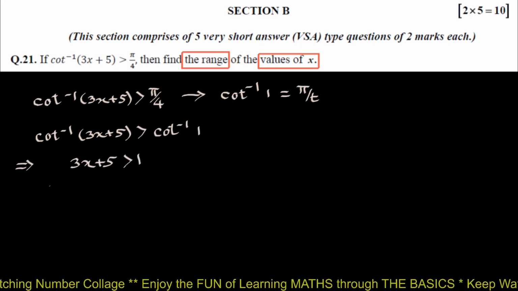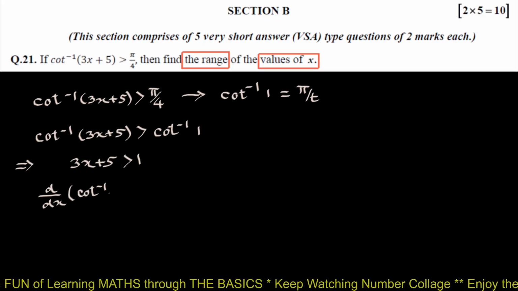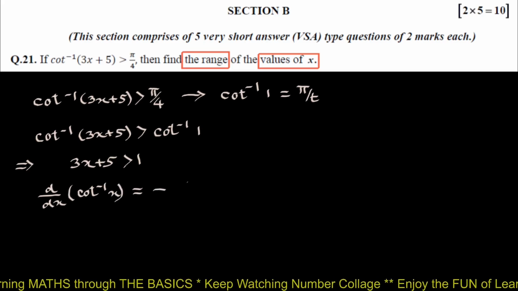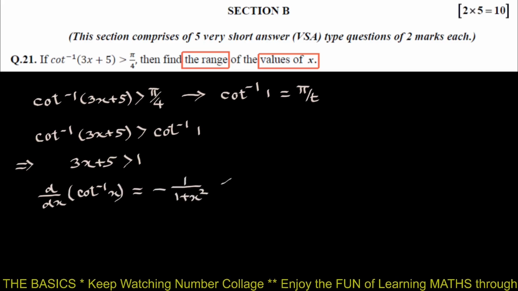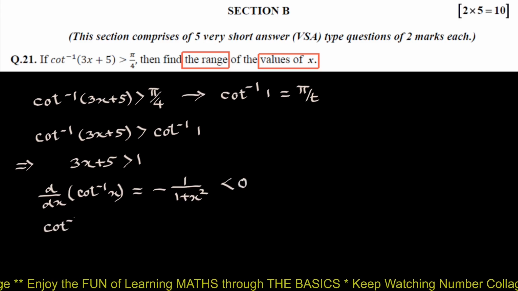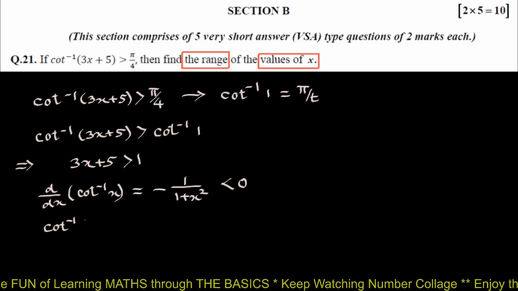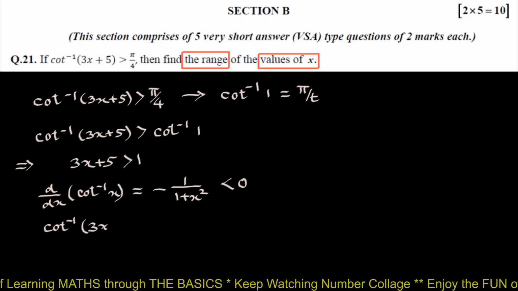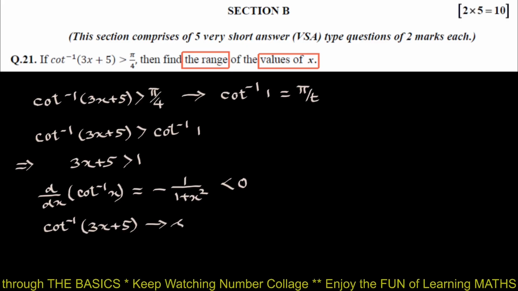But since d by dx of cot inverse x is minus 1 upon 1 plus x square, which is negative for any real value of x, the function cot inverse x, or cot inverse (3x + 5), is strictly decreasing.